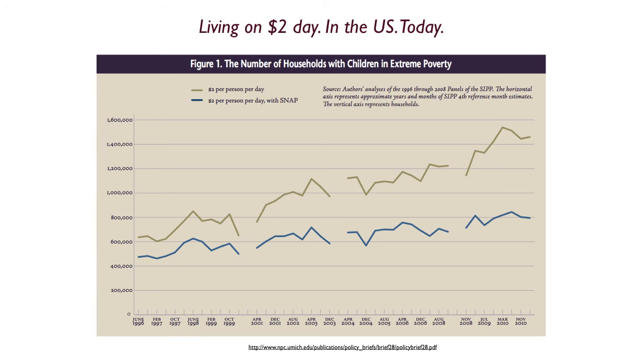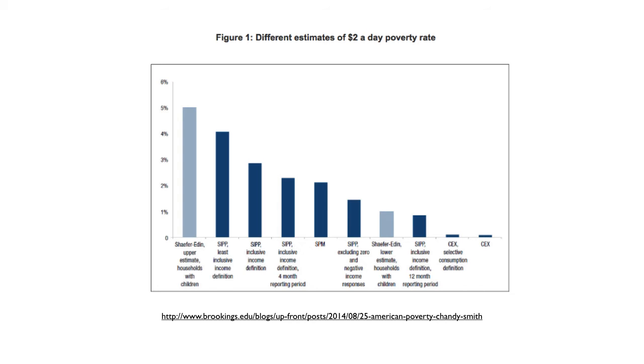Counting food stamps in their income, that's still something like 800,000 Americans. Now, I should note that there are other measures of this standard that show lower numbers than that, and you can see that here. It's another lesson in us being humble about poverty data and recognizing its limitations and just how hard it is to get an accurate count of these kinds of things.